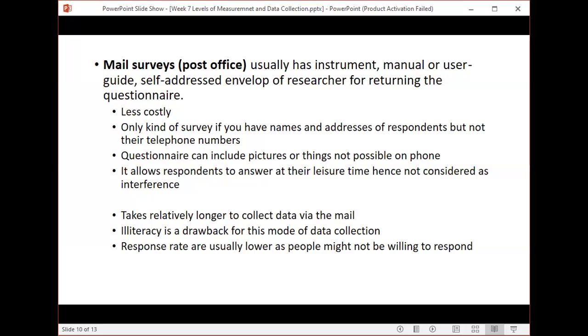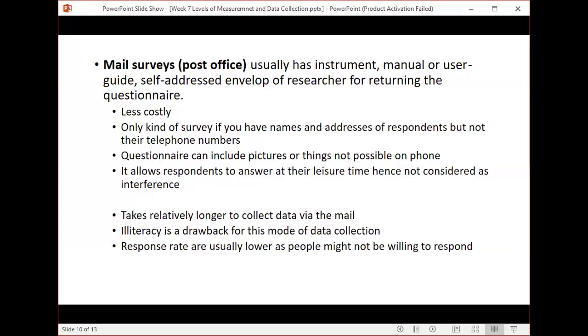But the disadvantages are that it might take too long to get the data back. They might get it, but they will take some time before they answer, before they're able to mail it back to you. So that could be a challenge, right? Illiteracy could be a problem. If the person cannot read and write, how would they read and answer your questionnaire for you?